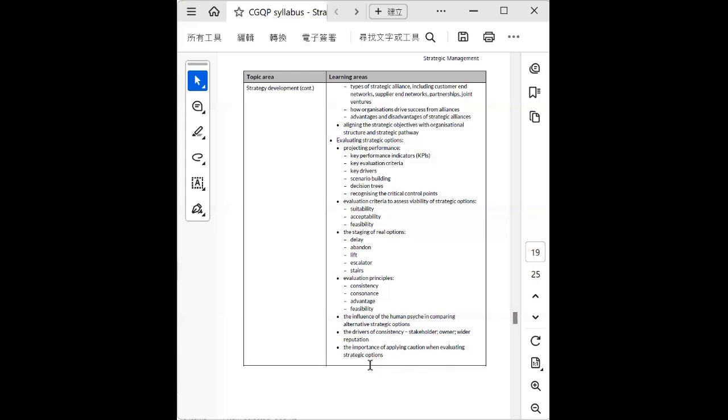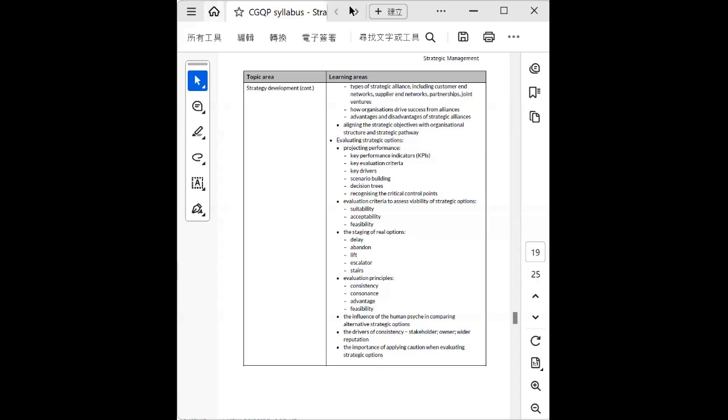And the drivers for consistency include stakeholder expectations, owner priorities, and the importance of applying caution, which ensures that the decisions are well informed and you consider the potential risk. So this is a simpler section that covers not a lot of things, very general things.